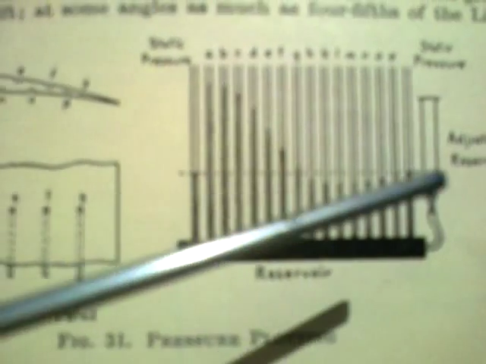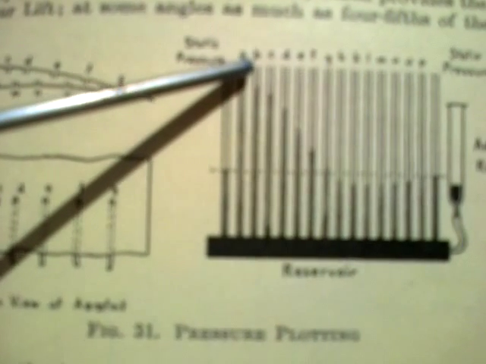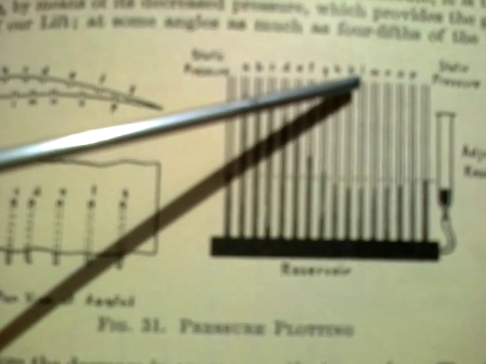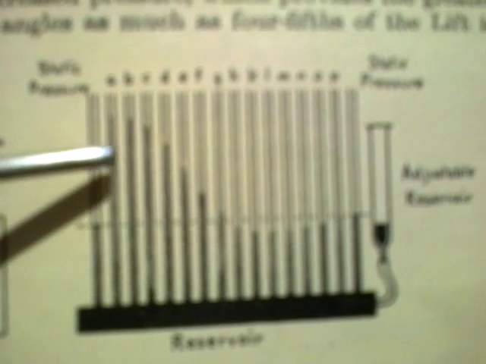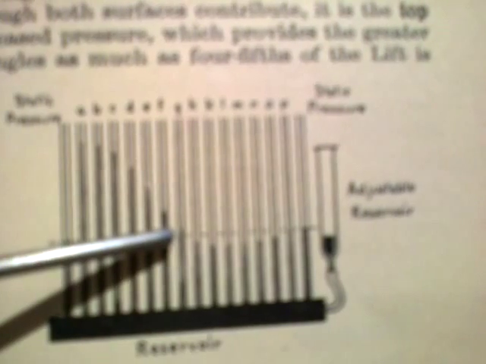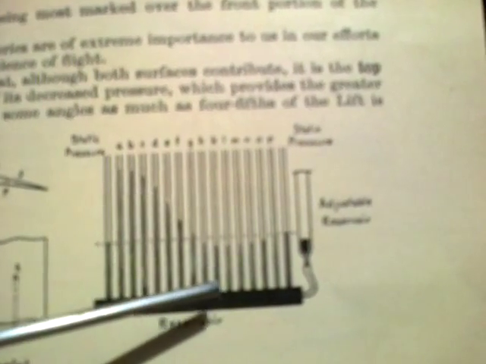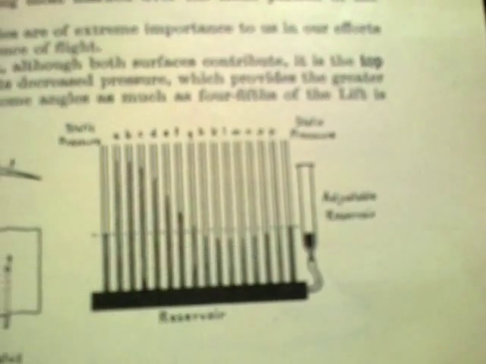We have a static port on either end, and we have the vent ports A, B, C, D, E, F, G, H, K, L, M, N, O, P along the top. And when air is passed over and below the aerofoil, we find a suction at A, B, C, D, E, F, and G. At H, on the leading edge, there's a high pressure zone. There's a high pressure zone under the wing.